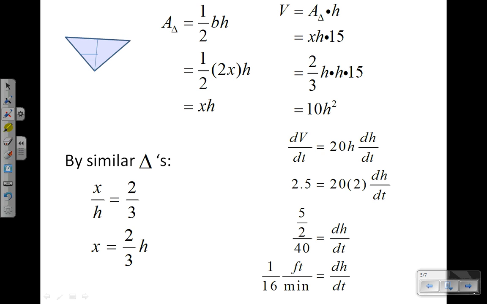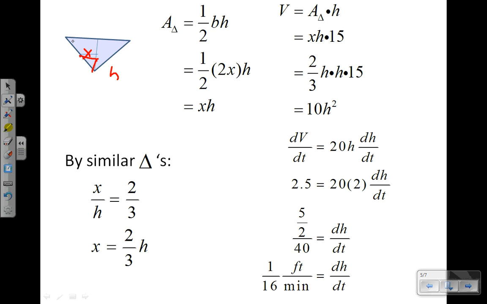So by similar triangles, I can set up a proportion. Up here, if I call this distance across x, and the vertical distance here is what we were calling h, then I have x is to h as 2 is to 3. Now the 2 and 3 come up here.